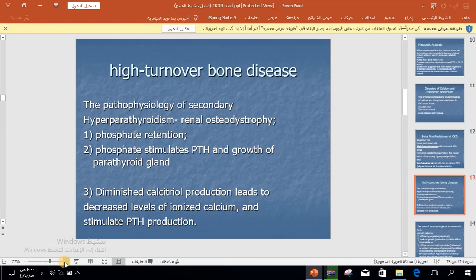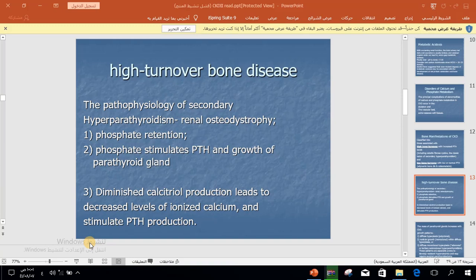Under ultraviolet light, the cholesterol under the skin is converted to cholecalciferol, which in the liver is converted to 25-hydroxycholecalciferol, which is D2, and this is under the action of the 1-alpha hydroxylase enzyme.